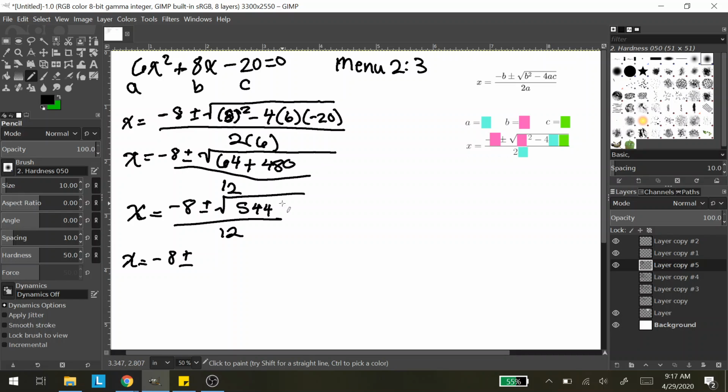544, menu 2, 3. Wow, that's a lot of 2s. I think 5 2s and 17.